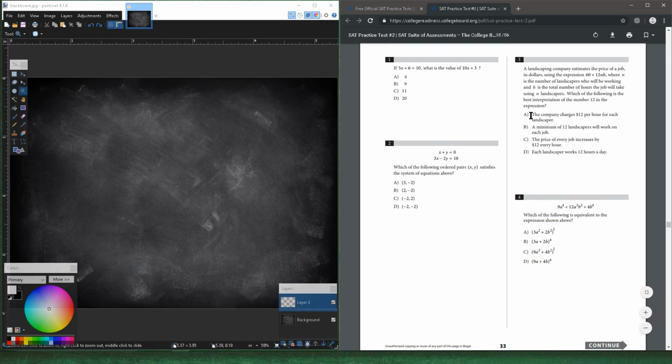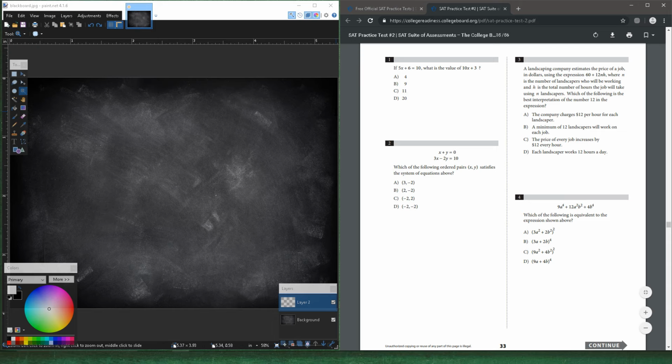Which of the following is equivalent to the expression shown above? Whenever you see these kinds of expressions where there are multiple variables, usually it's something that could be factored really easily. So this is a factoring question, which is shown by the answers below.